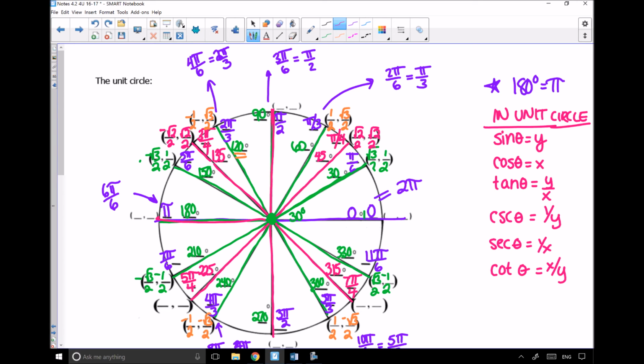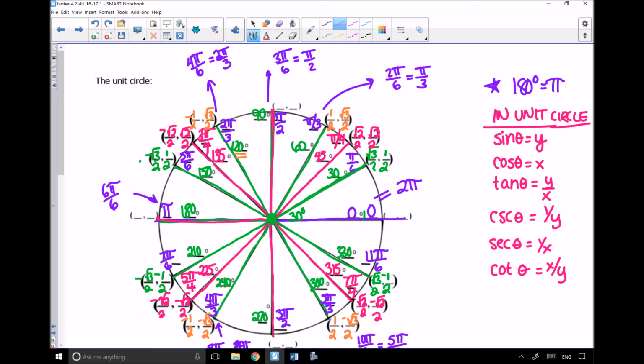For this next one, both x and y are negative, so it's negative root 2 over 2, negative root 2 over 2. And in this last example, x is positive, so root 2 over 2, but y is negative. So it's root 2 over 2, negative root 2 over 2.